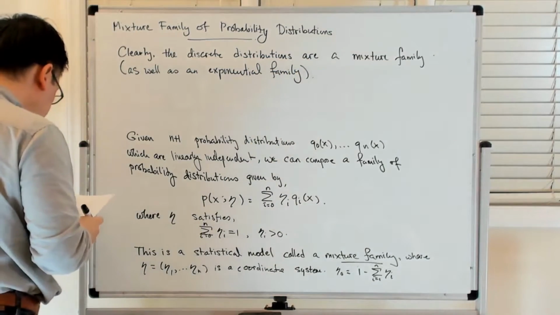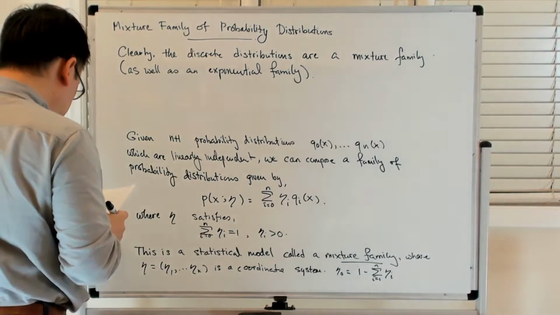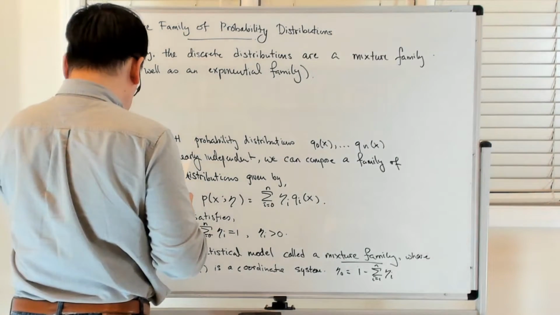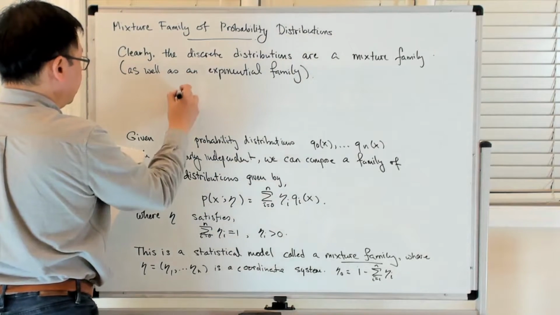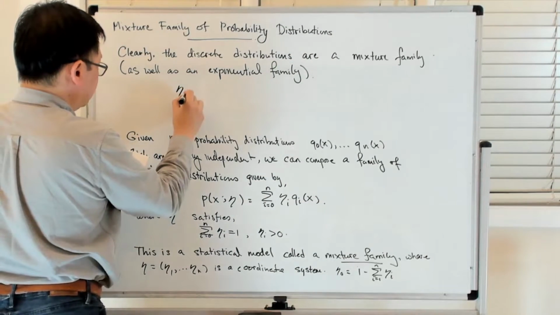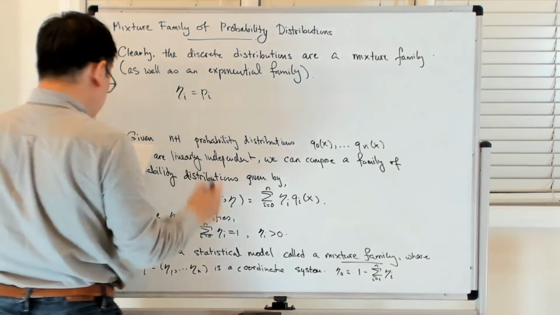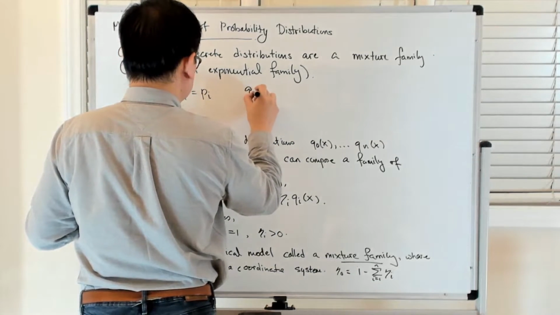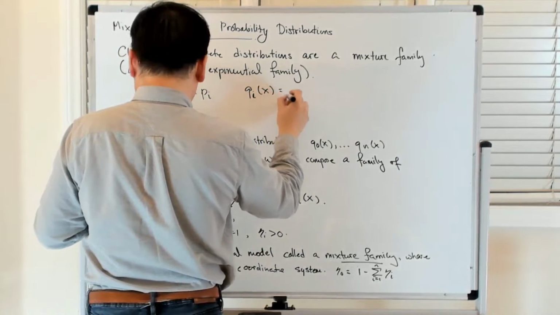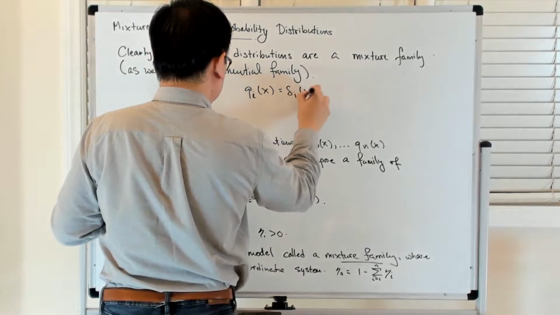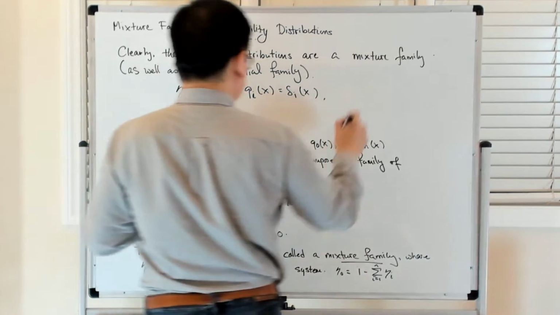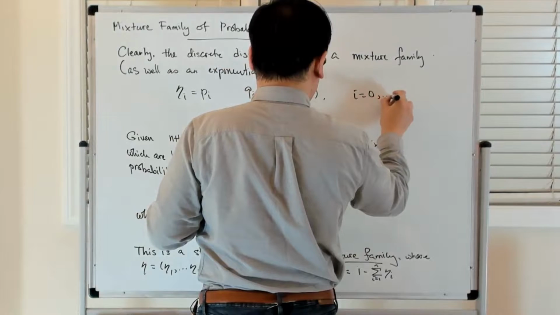And if it's not obvious, the eta_i's are the pi's, and the q_i's of x are just delta_i of x, and i goes from 0 to n.